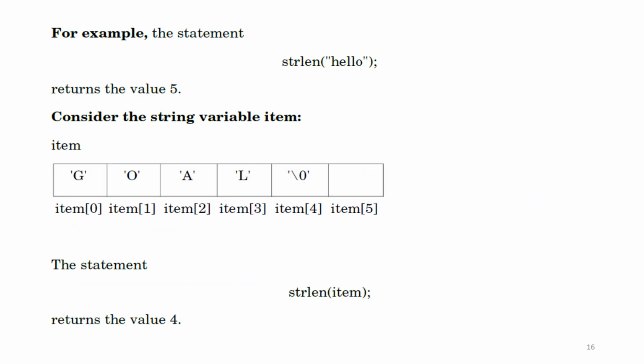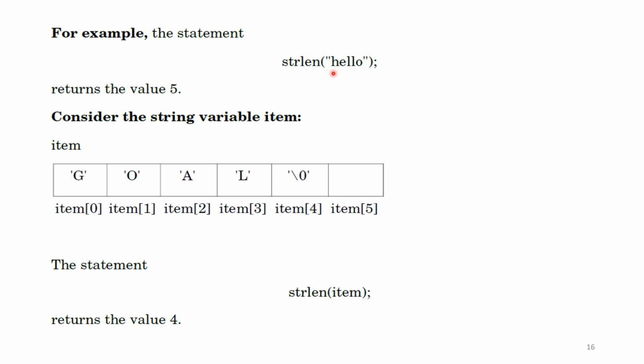Let's consider some examples. The statement strlen. The argument given inside the function is a string constant hello, right? After the execution of this statement, the function returns the value 5.